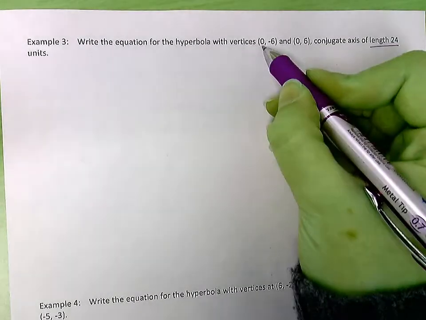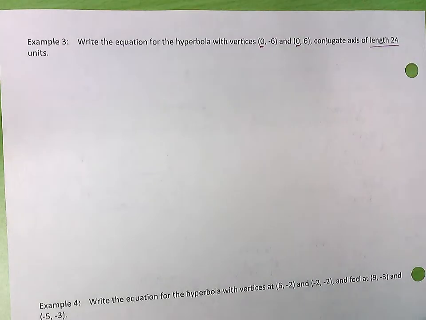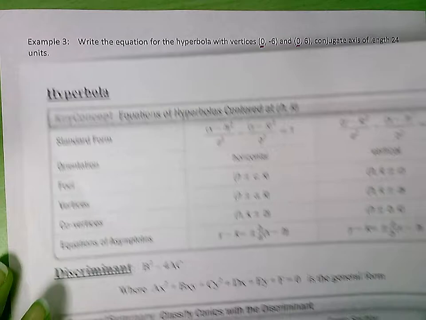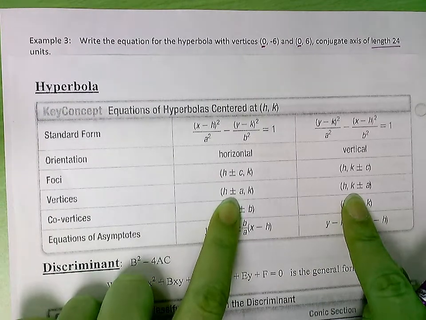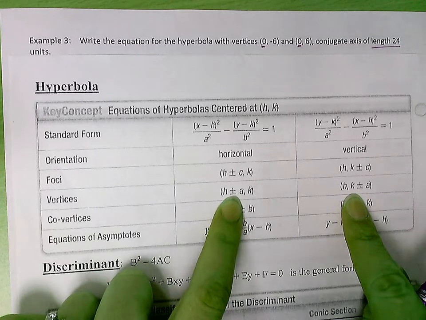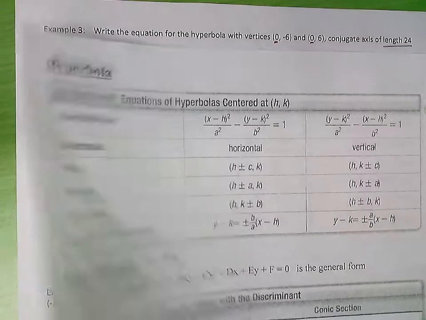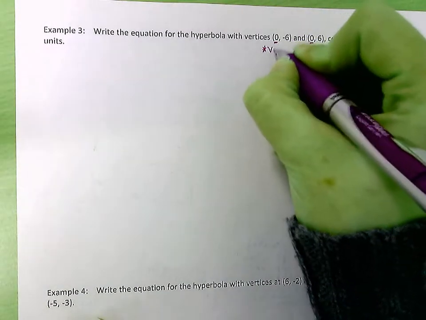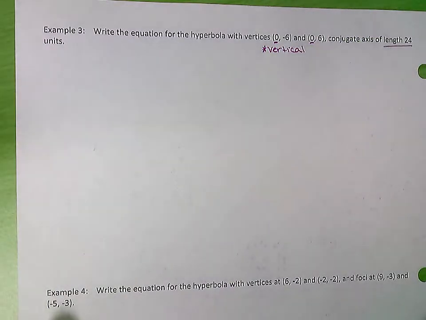So I want to look at my vertices and see which number stays the same. So your x values stay the same in this one. So looking at my vertices here, my x value changes when it's horizontal. It stays the same when it's vertical. Okay, so this one is a vertical ellipse. Or hyperbola.